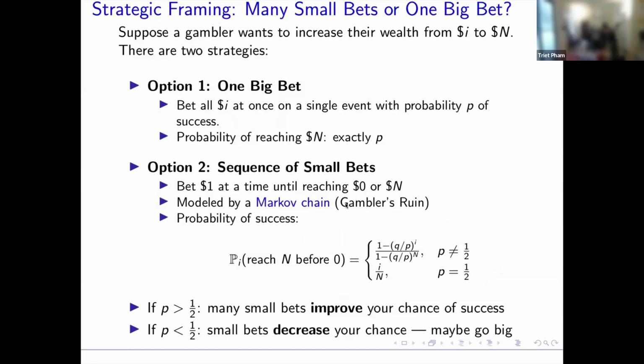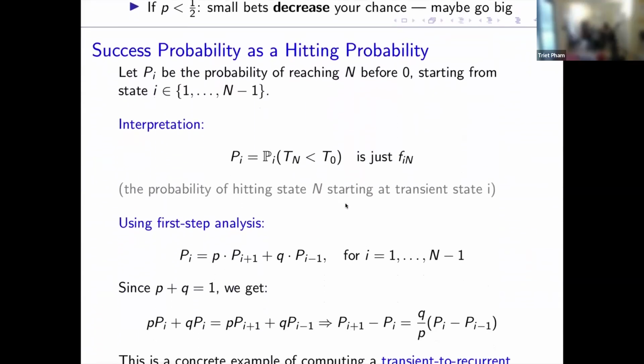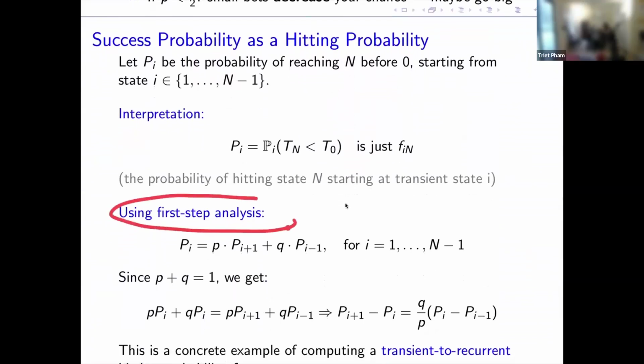All right, so how do we derive the answer? We derive the answer by, surprise, surprise, first step analysis. And so the notation here is P_i, and it's unfortunate, but you can also look at a small piece of i.